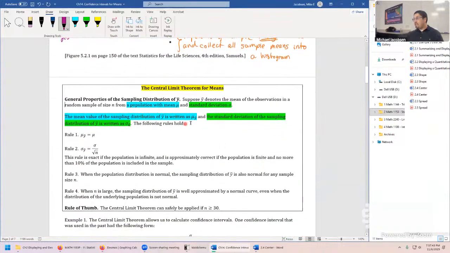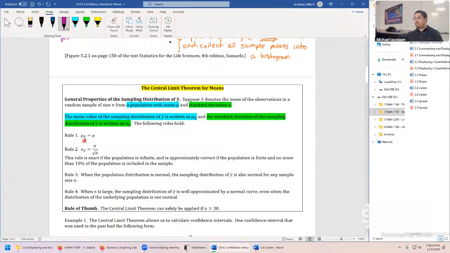Next, the standard deviation of the sampling distribution of Y bar. Missed another one. Sorry for the X bars that showed up here. If you're curious, this was a different book that used X bar instead of Y bar, and I've been purging the X bars for quite some time now. So the standard deviation, the spread of that normal distribution we've been looking at, is written as sigma Y bar. And these are the two rules.